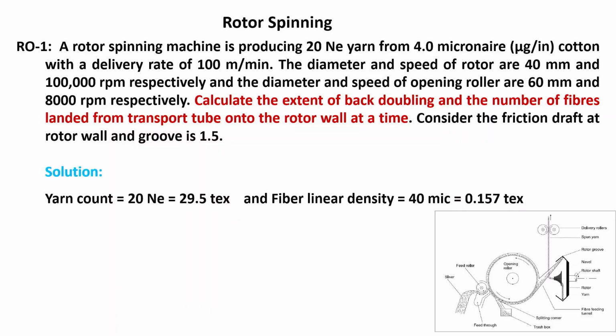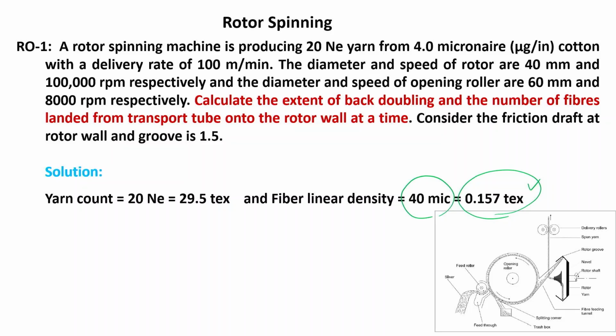The solution: the yarn count is given as 20 Ne, that means 29.5 tex. Fiber linear density is 40 micronaire. We can convert it to tex, with micronaire being microgram per inch, and from there we can convert into tex. 40 micronaire means 0.157 tex.